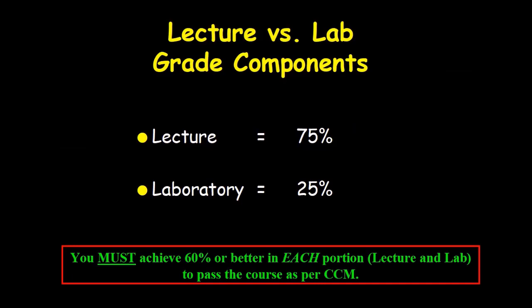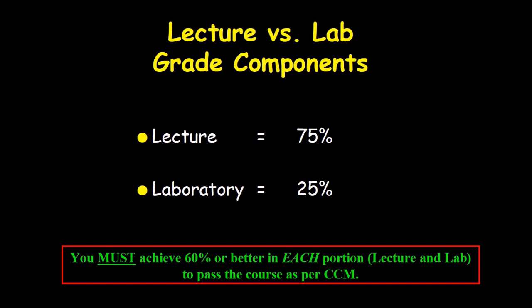The lecture and lab grade components, 75% will be lecture, 25% will go towards lab. But you do have to keep in mind that you have to get at least the 60% or better in each portion. So if I'm doing this, I don't even know if this calculation is correct, but you'll get the picture.